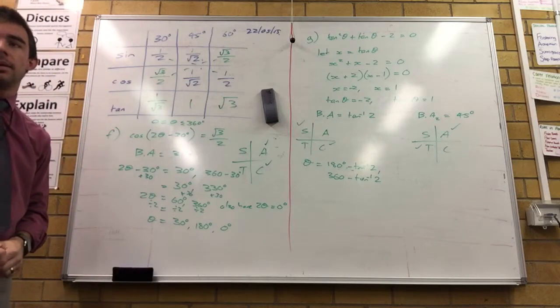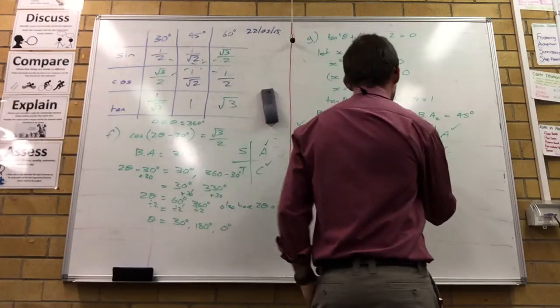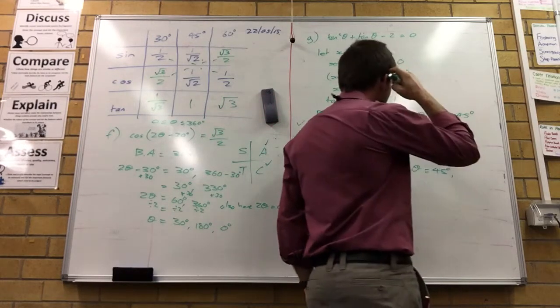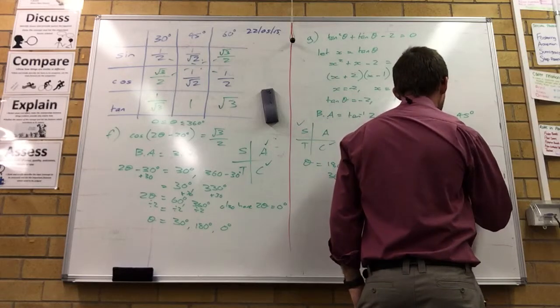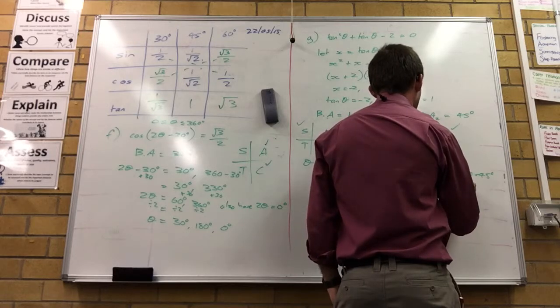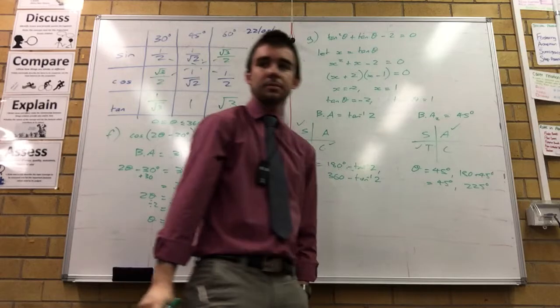So theta is equal to 45 degrees, and we also have 180 plus 45 degrees. So 45 degrees and 225 degrees.